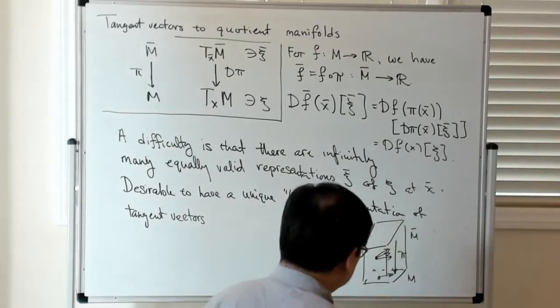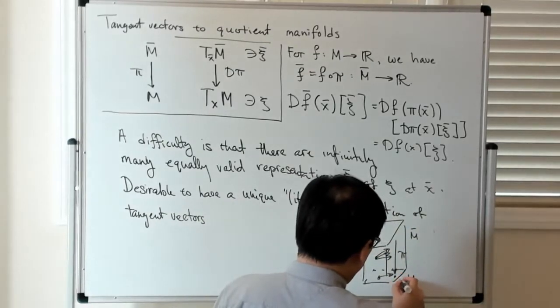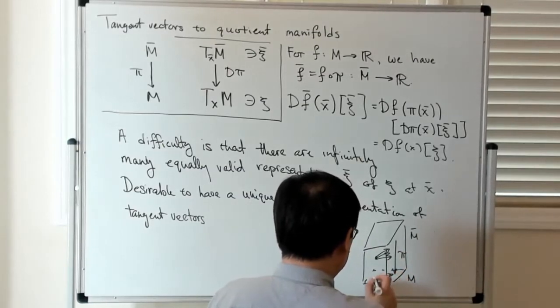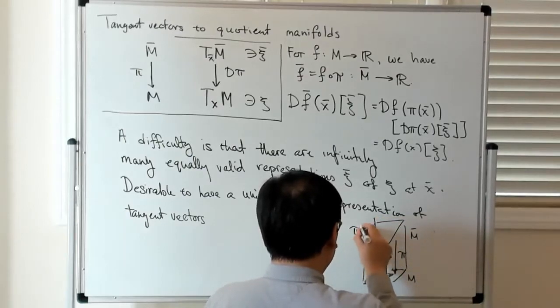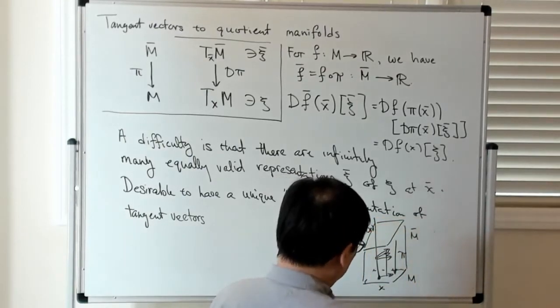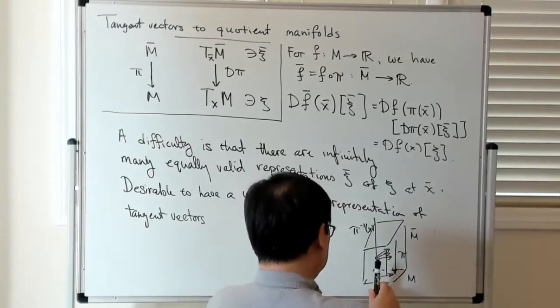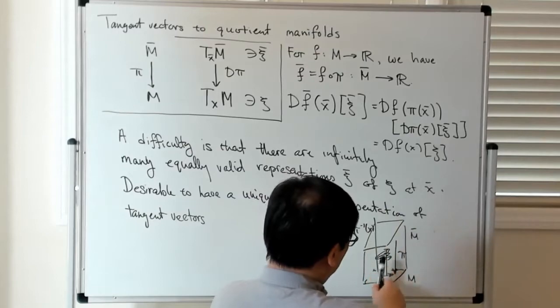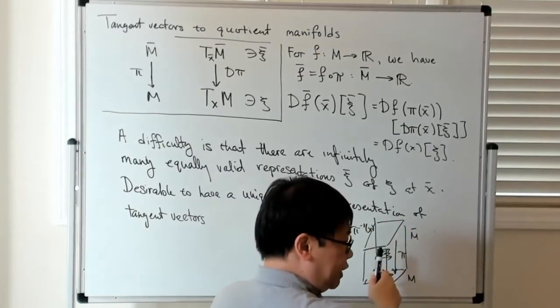So if you have a point x here, there's this pre-image, which is pi inverse of x, okay? And so this is something in M bar.